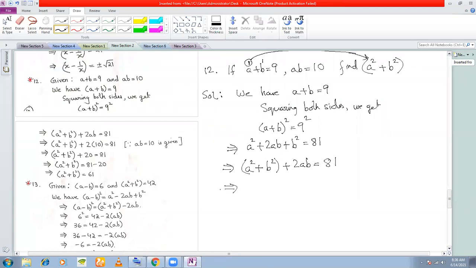Okay. And what is the value of ab here given? The value of ab here is given to be 10. So you put the value here.